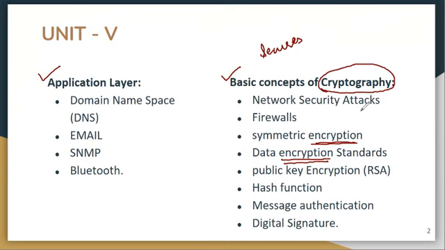Whatever encryption you are doing, only the receiver, the person with whom you intend the data to be shared, can decrypt the data. That is how you use the concept of cryptography. Basically, what we are doing at the end is preventing unauthorized access. Prevention of unauthorized access is the important thing.